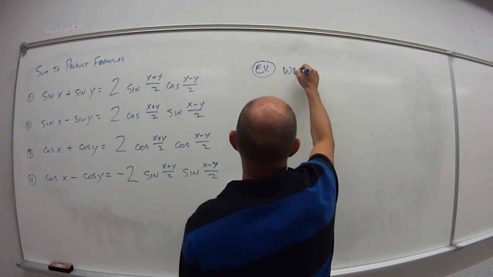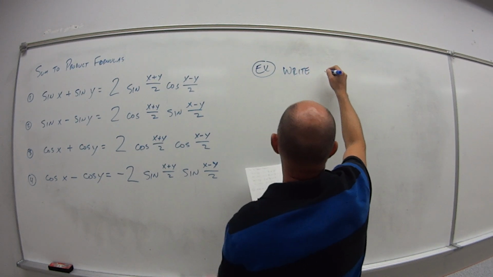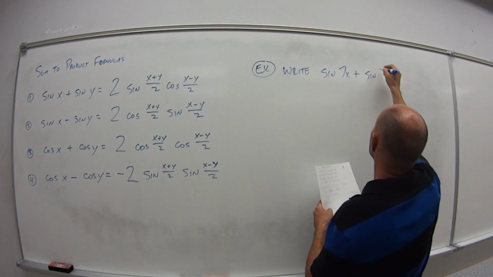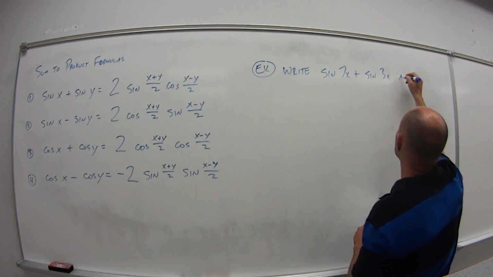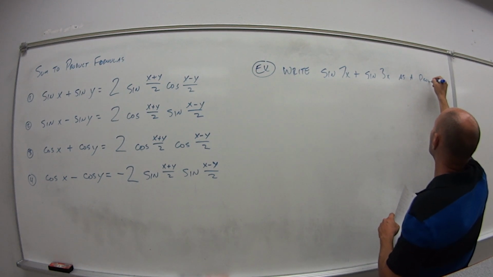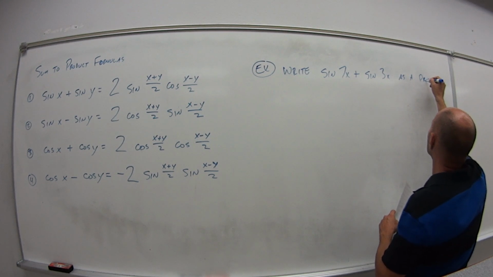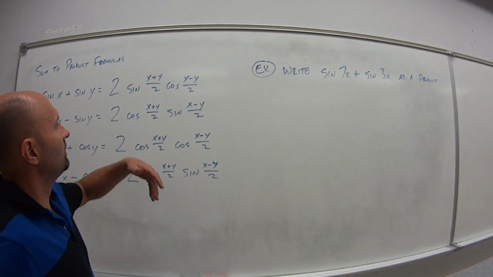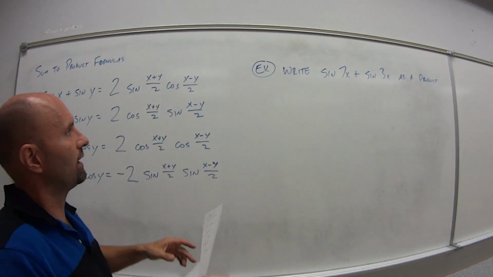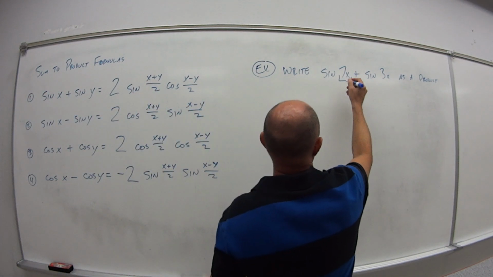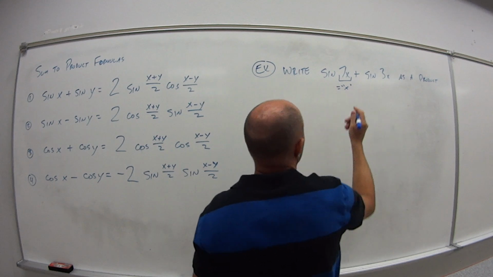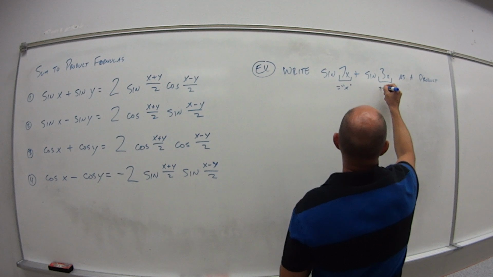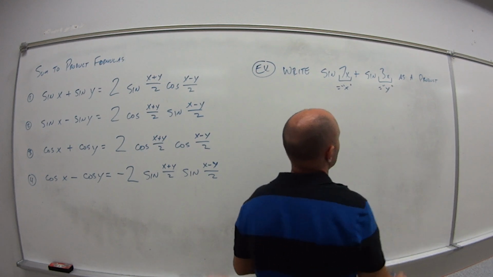So let's say we want to write sine of 7x plus sine of 3x as a product. So again, this comes down to, for this case, what is my x value, what is my y value? So we're going to call 7x the x value in our formula, and 3x the y value in my formula.